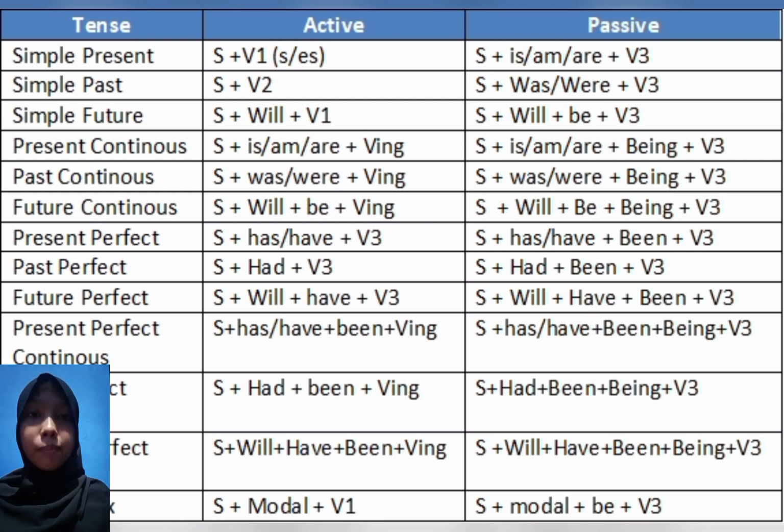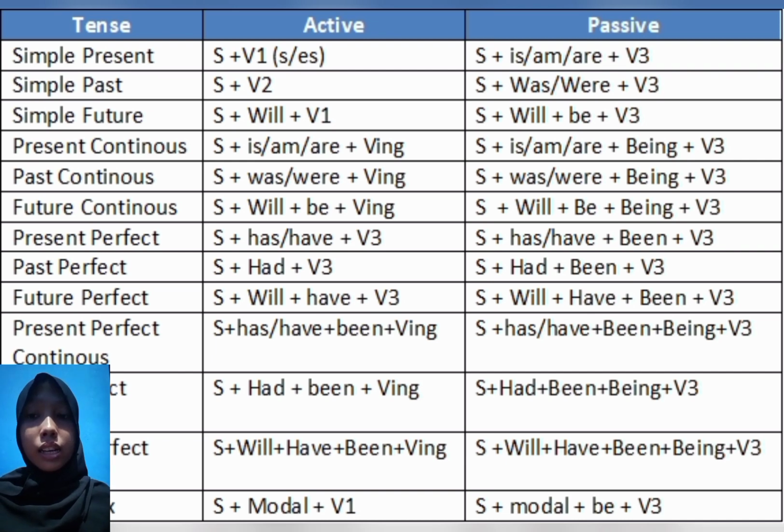Pattern passive: subject plus has or have plus been plus being plus verb 3. Past perfect continuous, pattern active: subject plus had plus been plus verb ing.